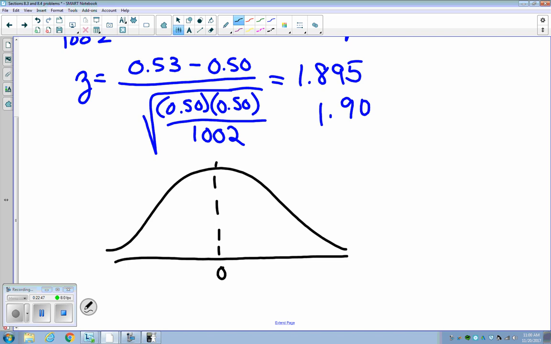And greater than is what? To the right, correct? So the area here has to be what? 0.05.